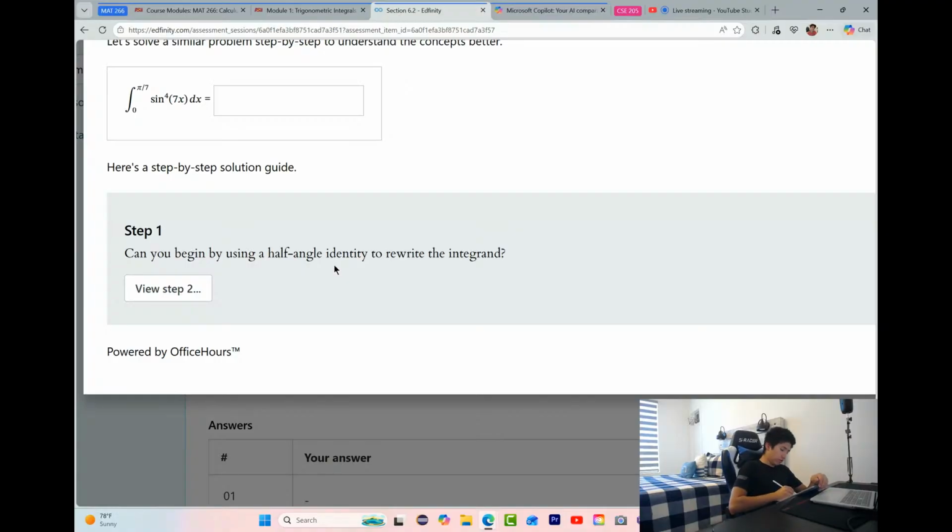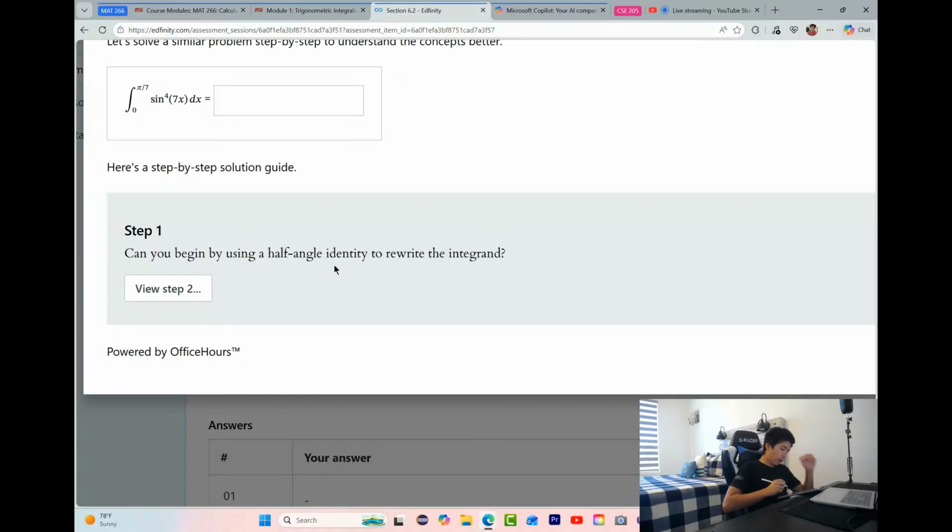So let's see, we have the integral from 0 to pi over 4. And we can split the sine, so I believe we get something like sine squared of 4x times sine squared of 4x dx. And we can now substitute our half angle identity, or just replace. I'm not even sure if that's considered substituting.